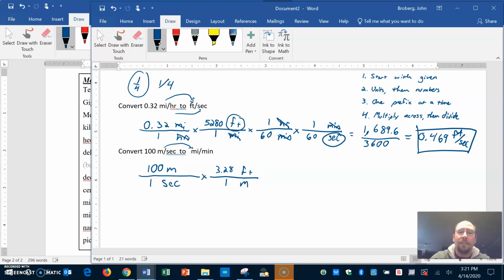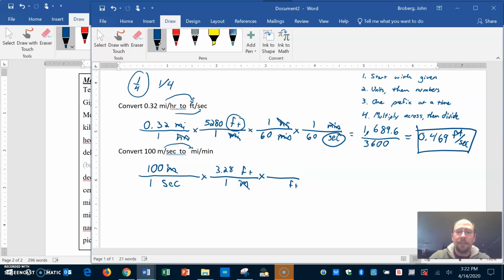And I have numbers and units in here now. The meters can cross out. Feet doesn't cross out, and it's not the unit that I want. So I have to do another conversion factor. Units first, then numbers. The unit feet was up on top, so feet is going to come down to the bottom.